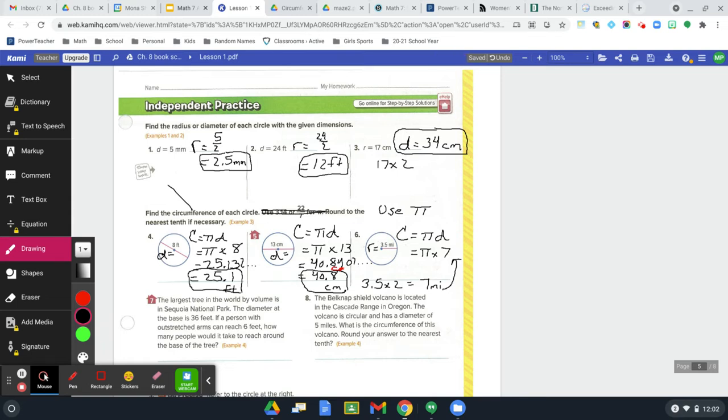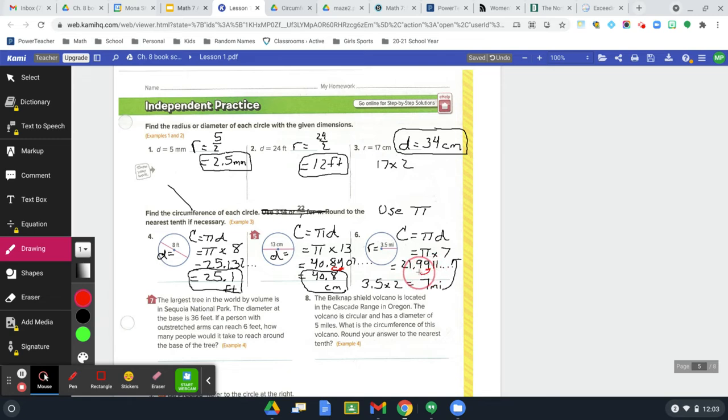Okay, pi times 7. Pi key times 7. So you start to see this decimal, 21.9911, and it just keeps going. If I round that to the nearest tenth, I look in the hundredths at the 9.